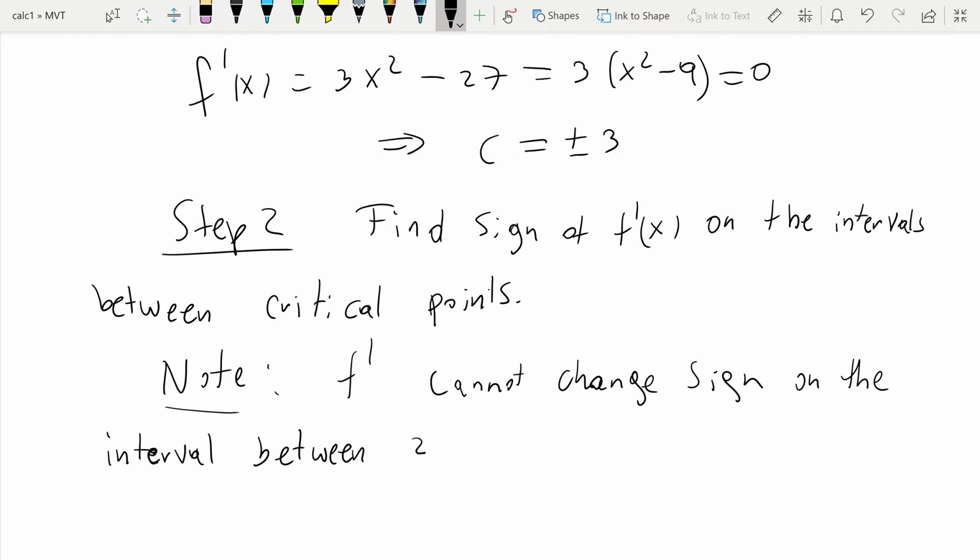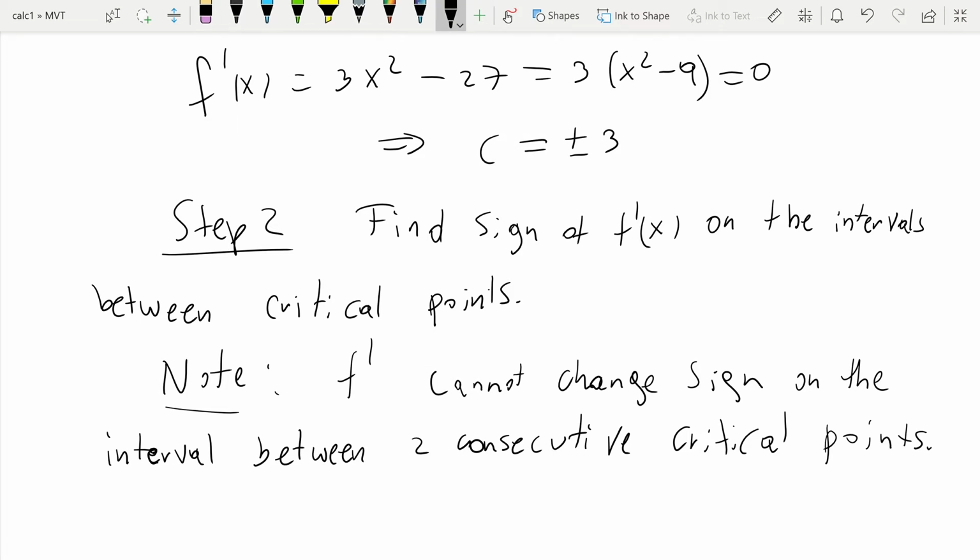Between two consecutive critical points, the sign of f prime doesn't change.